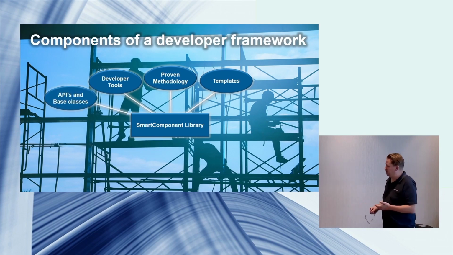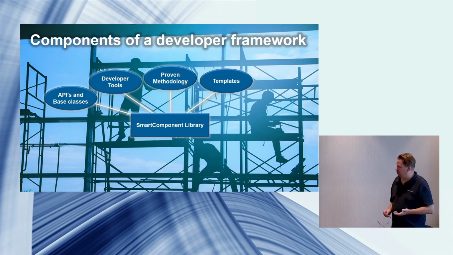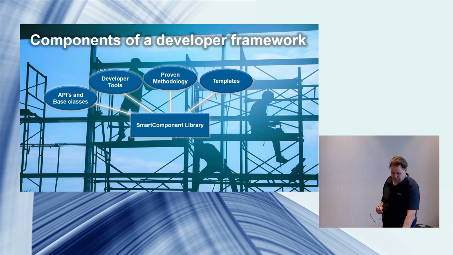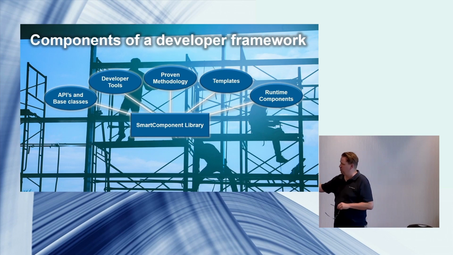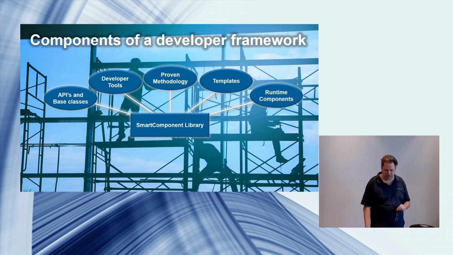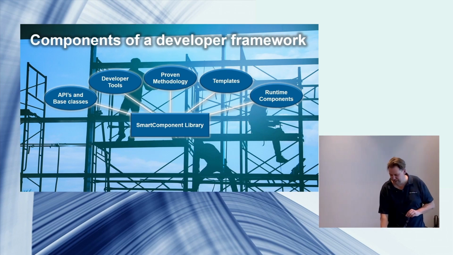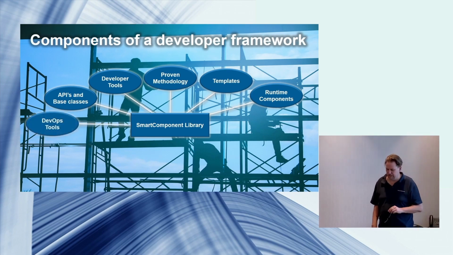APIs and base classes are generally parts of the product that reduce the amount of code that the developer actually has to write because they can leverage functionality that we've built. APIs and base classes are mainly used for components that developers write, with pre-built runtime components that could be used either as a starting point or in the final solution of an application.